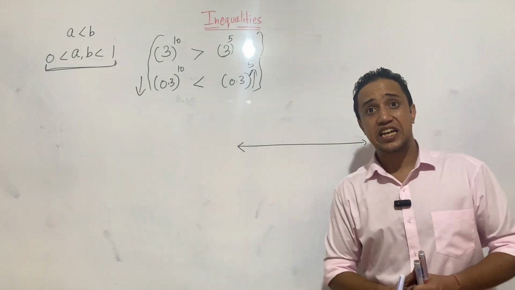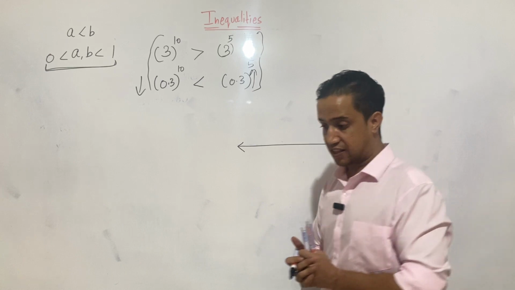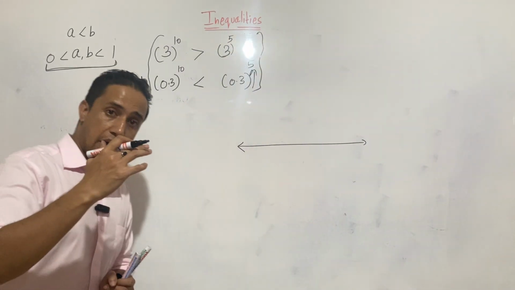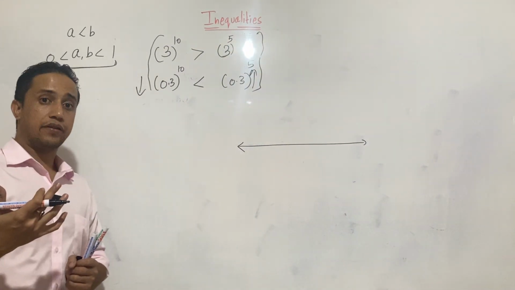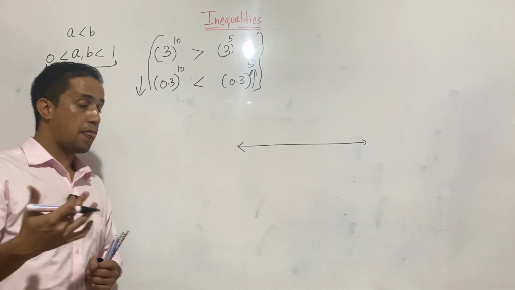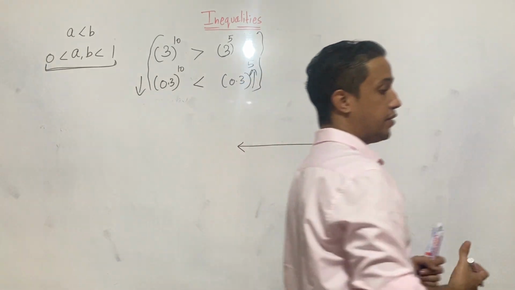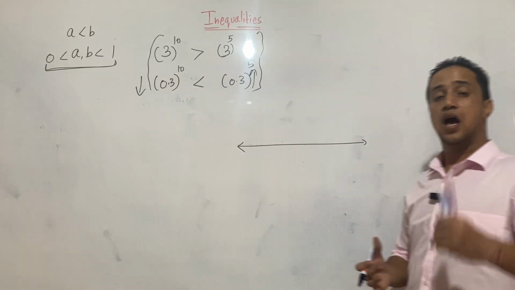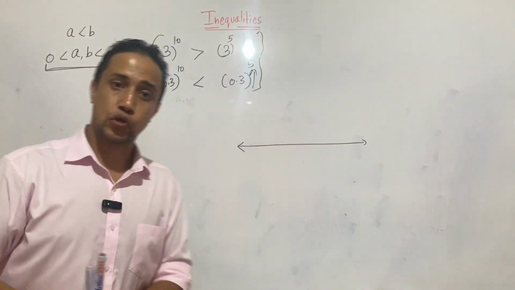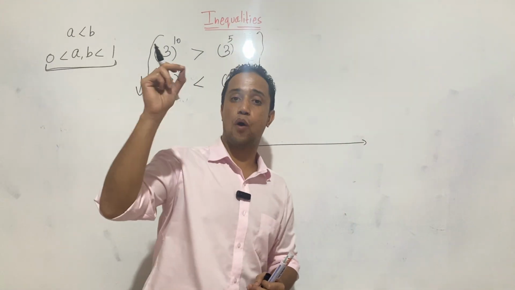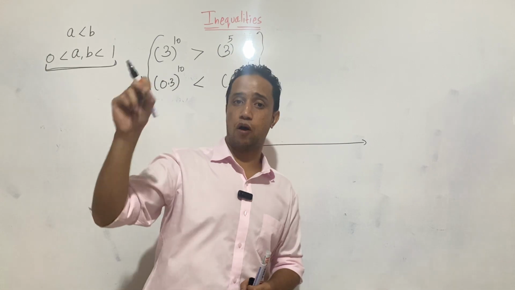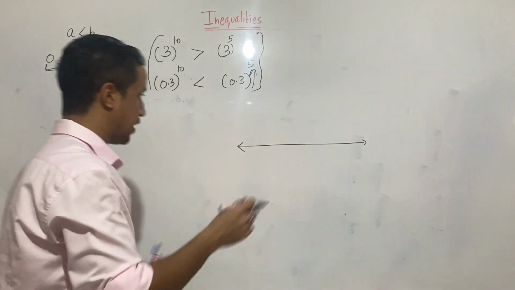Now you can get one case too where you are given the interval and they will ask you to exclude some points or some values from that interval.